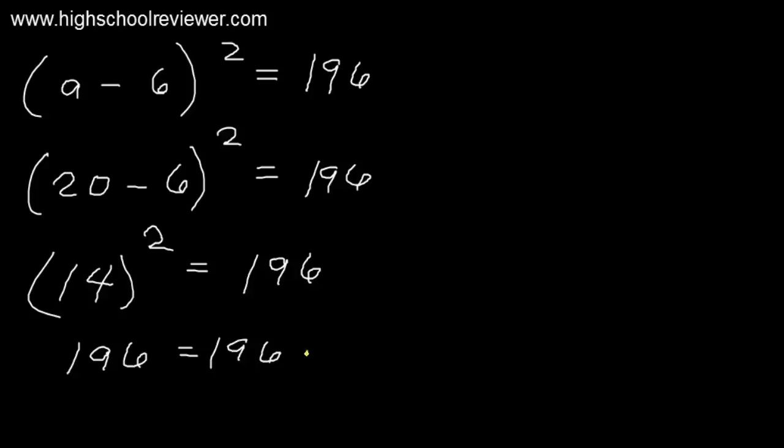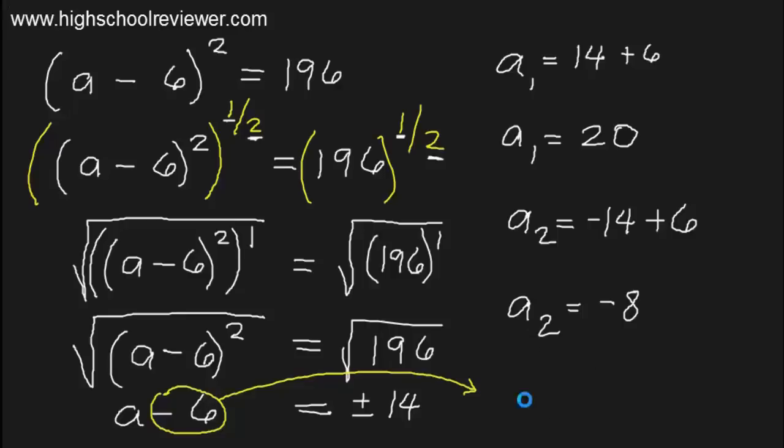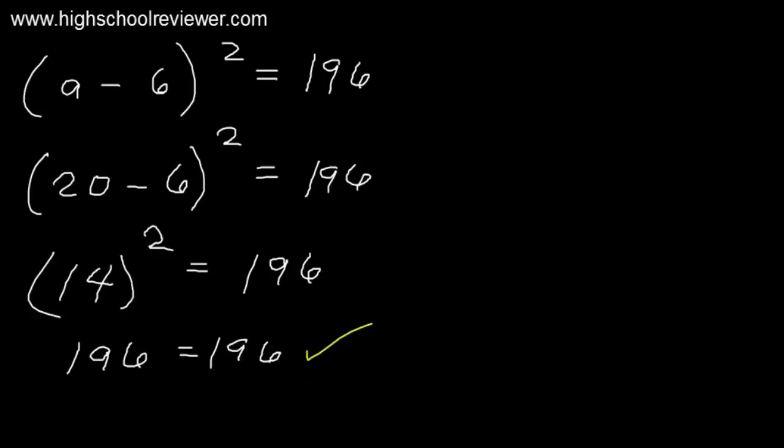Let's check the other value, which is negative 8. So this will be the quantity of a minus 6 raised to 2 equals 196.